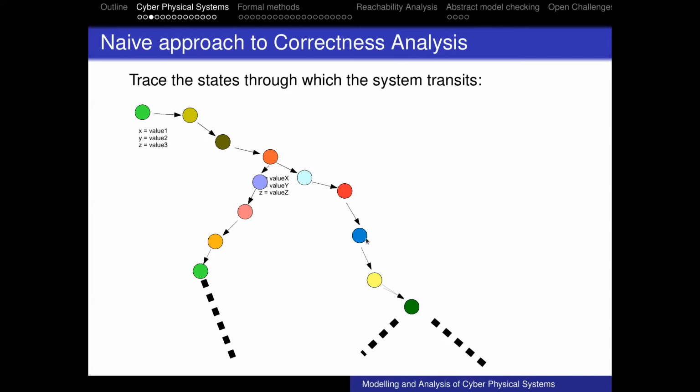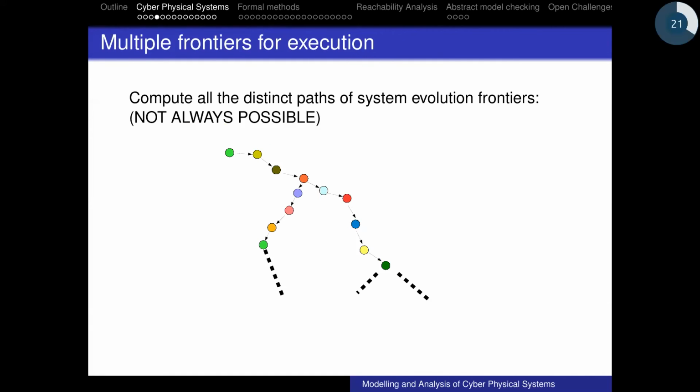And then we should check whether each of those paths satisfies the correctness criteria, right? Computing all the distinct paths of a system is not always possible, partially because the paths are non-terminating and often have infinite states, or otherwise the computing algorithms might suffer from non-termination.